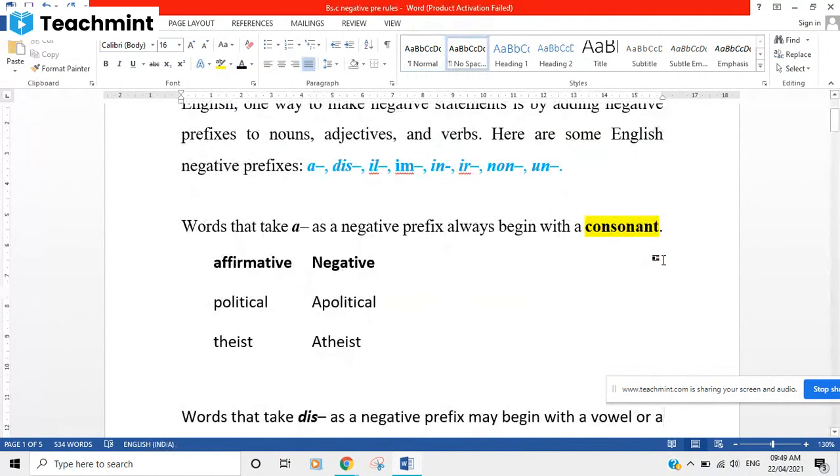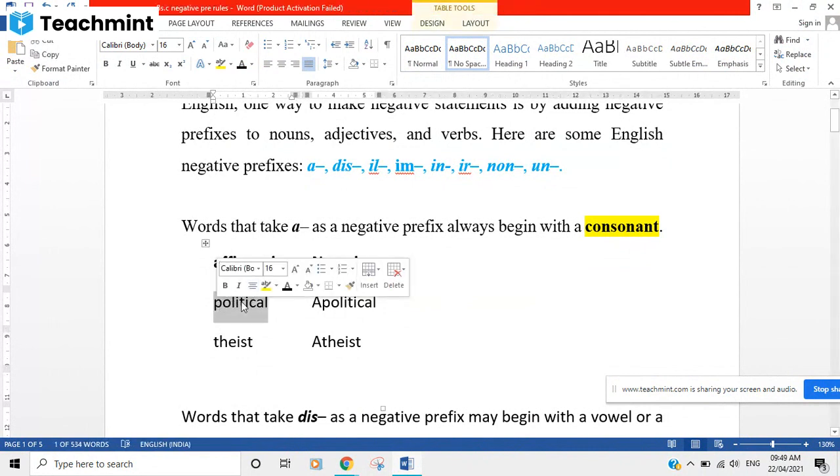In the same way, there is one more word, that is theist. This word is specially related to God. So a theist is a person who believes in the existence of God, or who believes in the conception of God.